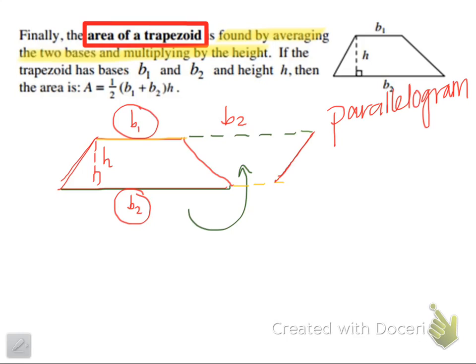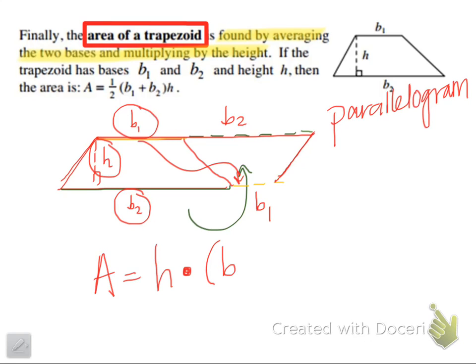We also have base 1 here, which we've reflected here, so we can write this as a base 1. So now we have our height, so our area is our height times our entire base, which we know is base 1 plus base 2.